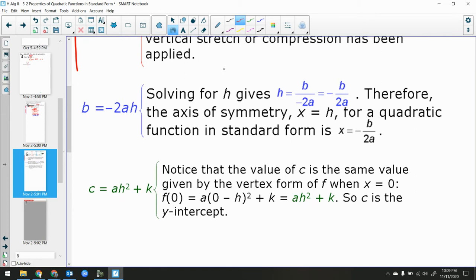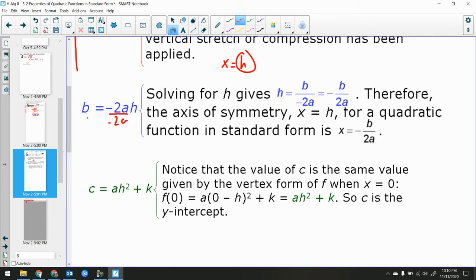Now remember that we had said that the axis of symmetry was x equals h. Well, I know that b is equivalent to negative 2ah. If I can somehow put this in terms of h, I can set it equal to it.